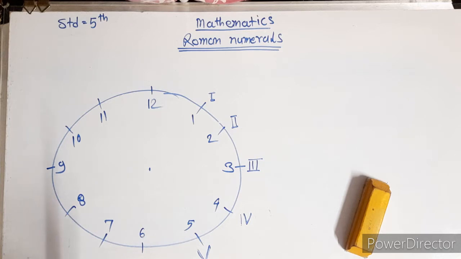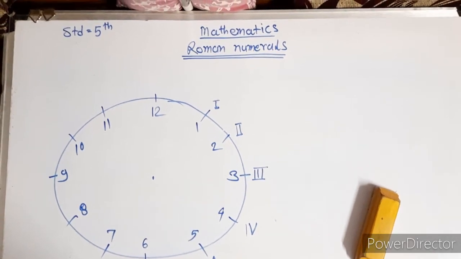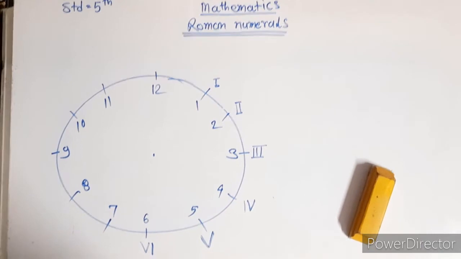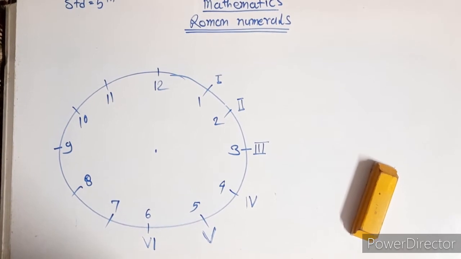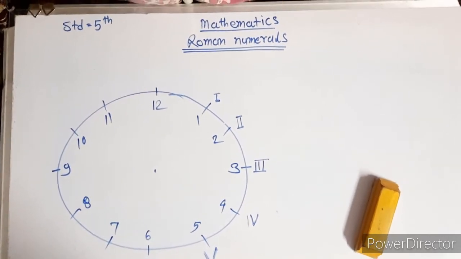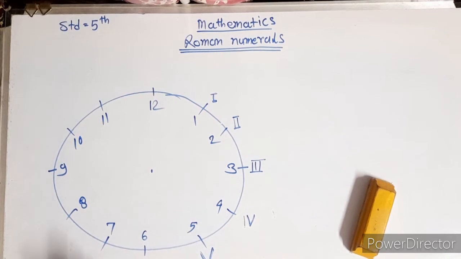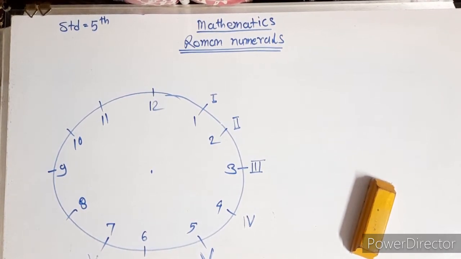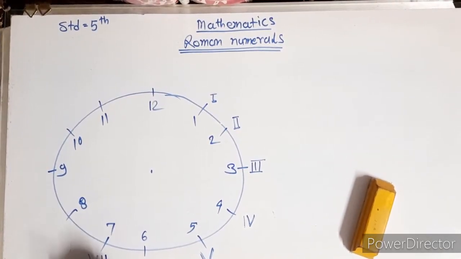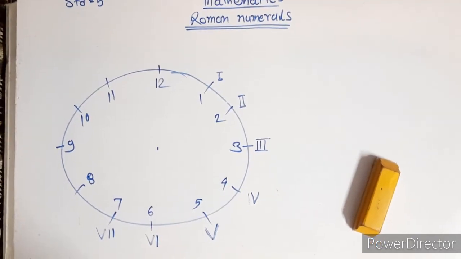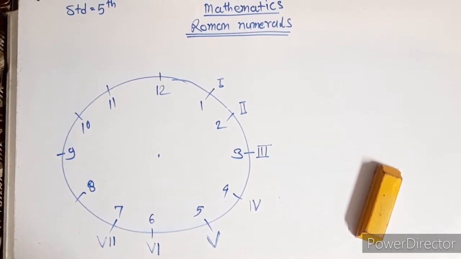This type we write 4. After that, we use letter V and right side 1. The letter V and right side the letter I, we got the number 6. Now, we write the letter V and write both I and I, we got the number 7.